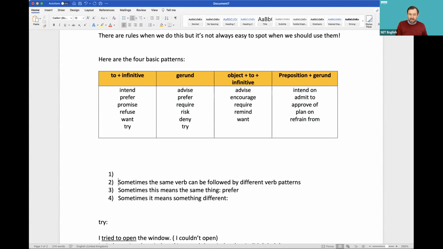Okay, so if we push this down, a verb pattern is one verb followed by an action. That's what a verb pattern is. It's a verb followed by an action. So I want to eat. There's your action. I want that to happen. I need can be the same.